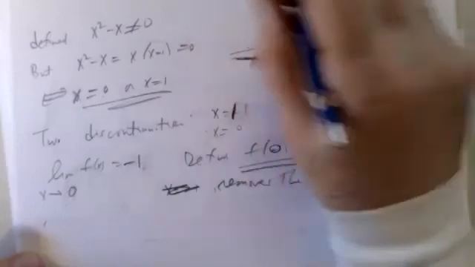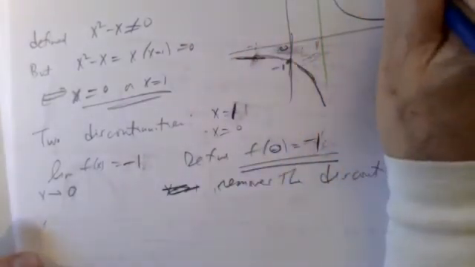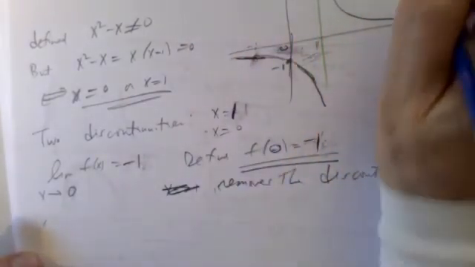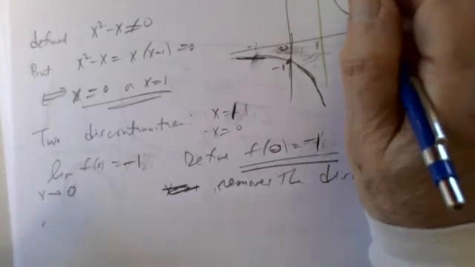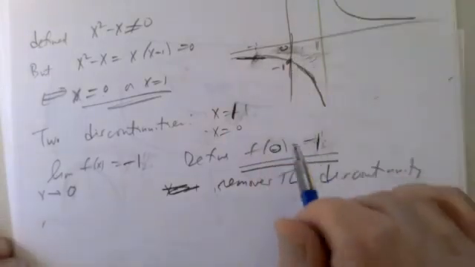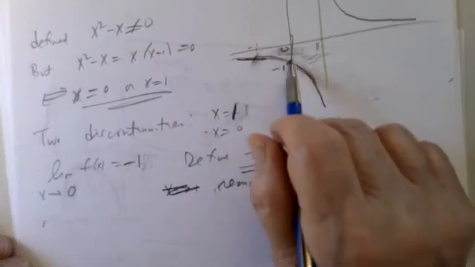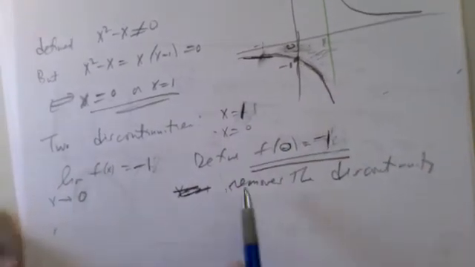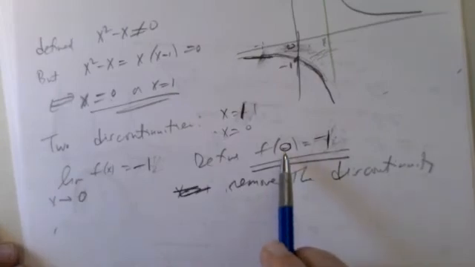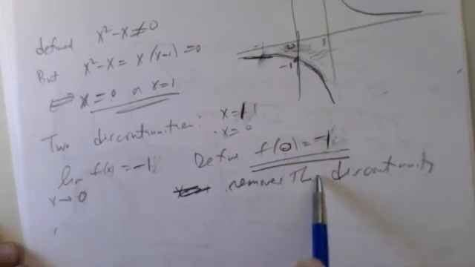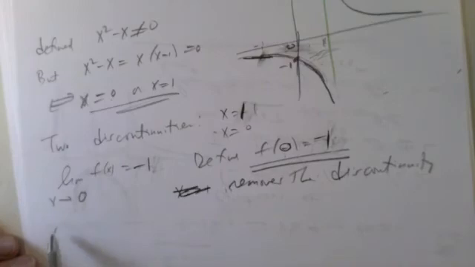So this function is equal to 1 over x minus 1 for x different from 0 and 1. But if I define f of 0 to be minus 1, then I get this very smooth curve and the function is continuous at 0. So redefining the function at 0 would remove the discontinuity.